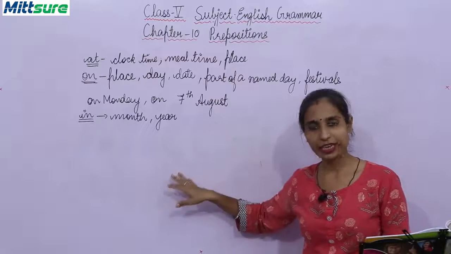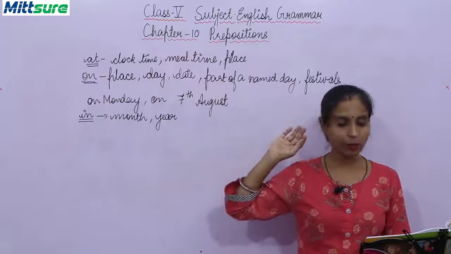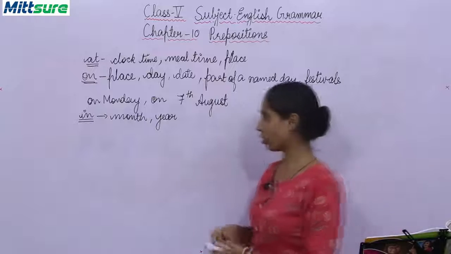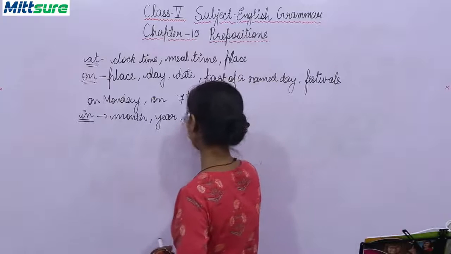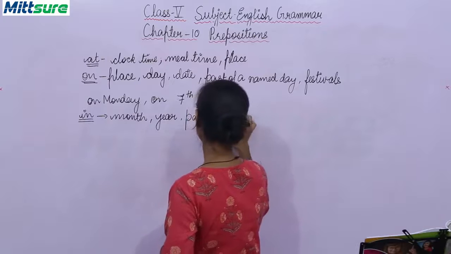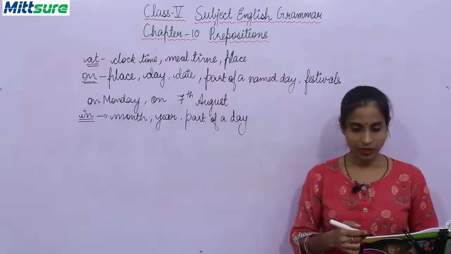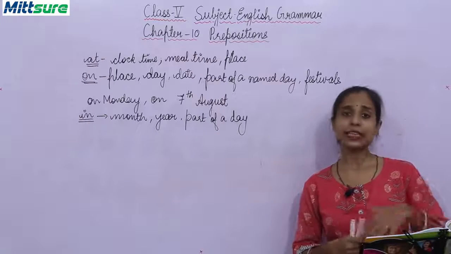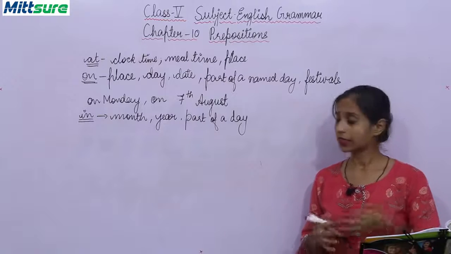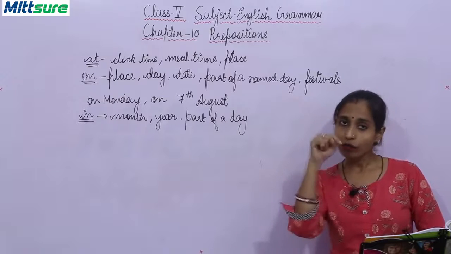When we are talking about broader scale, we are using "in" for month and year. When we are talking about day and date, we are using "on". Now, part of a day. Like in the morning. Earlier we were saying on Friday morning.